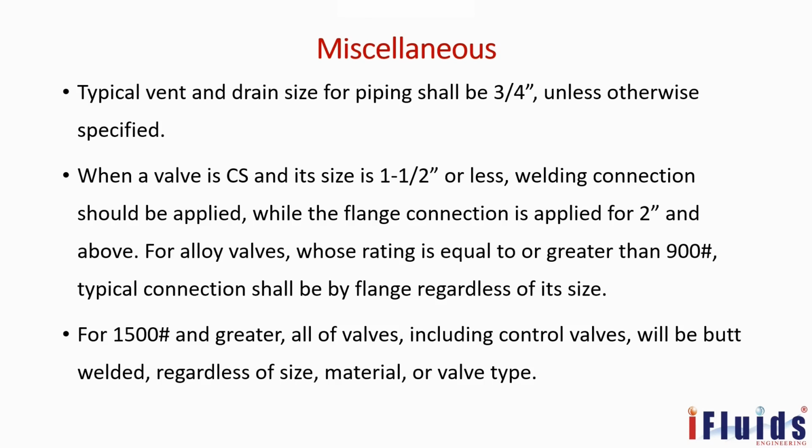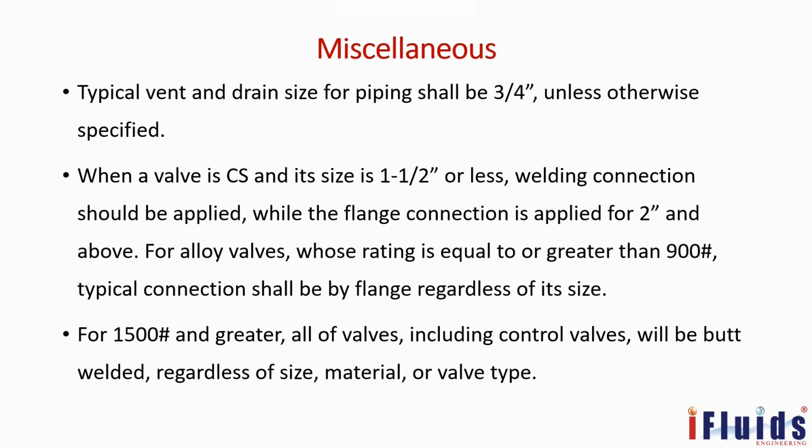When a valve is CS and its size is 1.5 inch or less, welding connection should be applied. For small bore CS lines of 1.5 inch or less, the welding connection should be applied. There should not be any flange connection. The flange connection is applied for 2 inch and above.